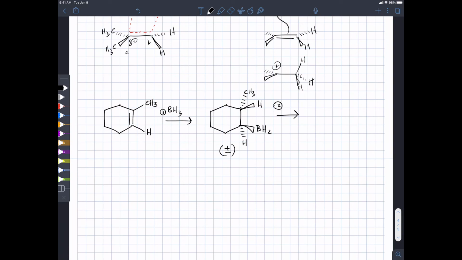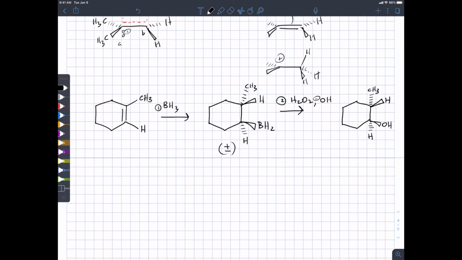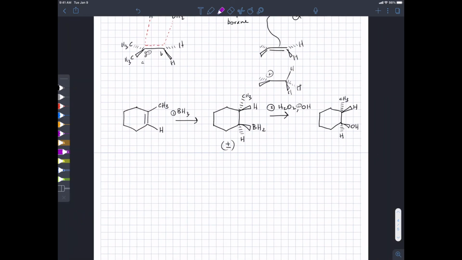And then in the second step where we add peroxide and hydroxide, we can replace the BH2 with hydroxide without changing the stereochemical configuration where the boron used to be. So this demonstrates the fact that we get syn addition of hydrogen and OH across the double bond, but we get the OH on the less substituted carbon.